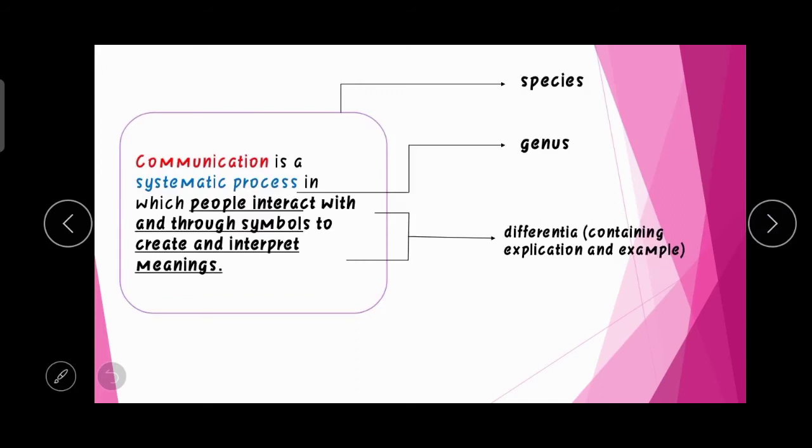Example: communication is a systematic process in which people interact with and through symbols to create and interpret meanings. Communication is the species or the term to be defined. Systematic process is the genus or the class where the term belongs. In which people interact with and through symbols to create and interpret meanings is the differentia, because it contains explication and examples.